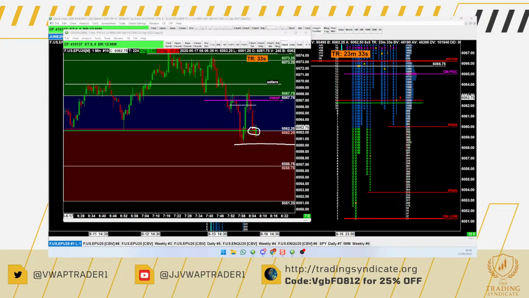Let's see what it does. Seller at just under 64. There they are. Take it again. Let's see if it can hold 62 and a quarter.